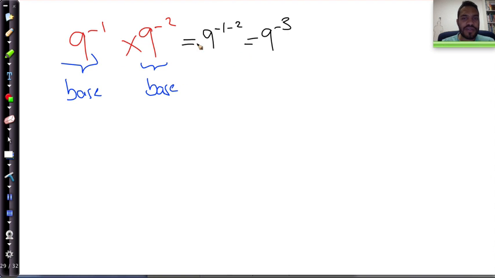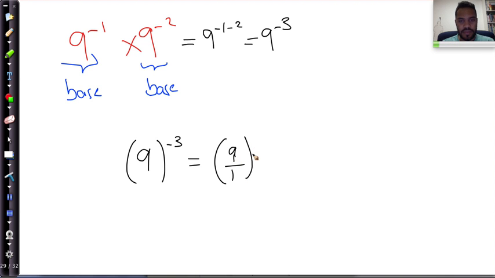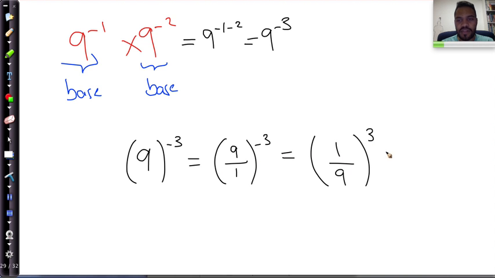If I had to ask you to write that as a positive exponent, remember our rule, 9 to the negative 3 is exactly the same as 9 over 1 to the power of negative 3. And all you need to do is flip this on the inside, it's 1 over 9, and change this negative 3 to positive 3.